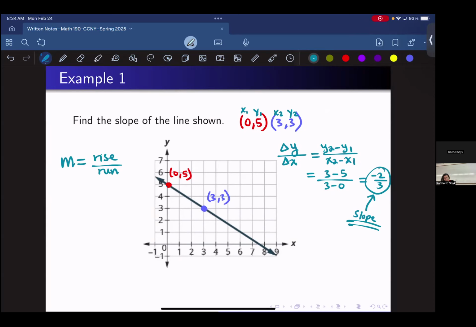Well, we're going down 2, so minus 2, and then you're running across 3, 1, 2, 3 to get to your 3, 3, which means what is your slope? Your slope is negative 2 over positive 3, which is exactly what we got when we calculated it on that right-hand side. And we're done.